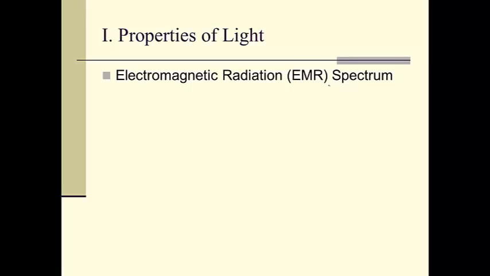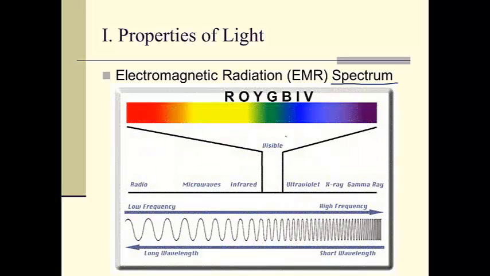Well, they all fit into what's called the electromagnetic spectrum. Visible light is a really, really small part of it. If we arrange electromagnetic radiation by wavelengths, as the wavelength gets shorter, the frequency gets higher.